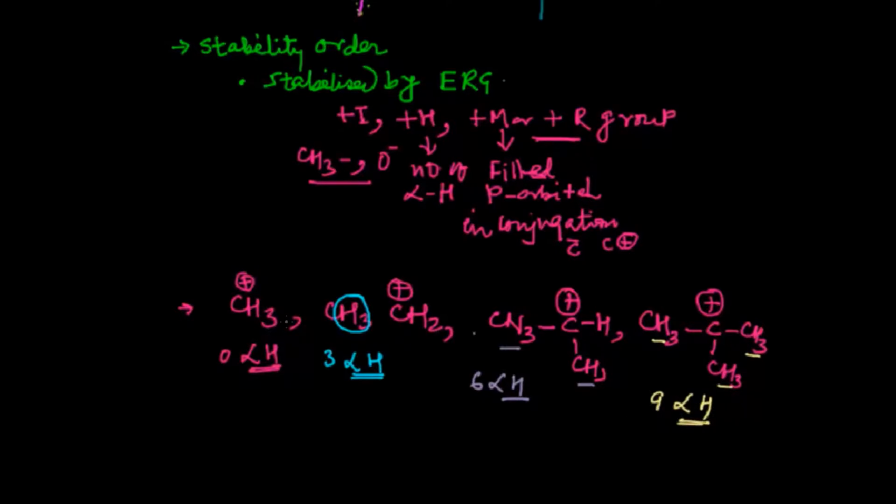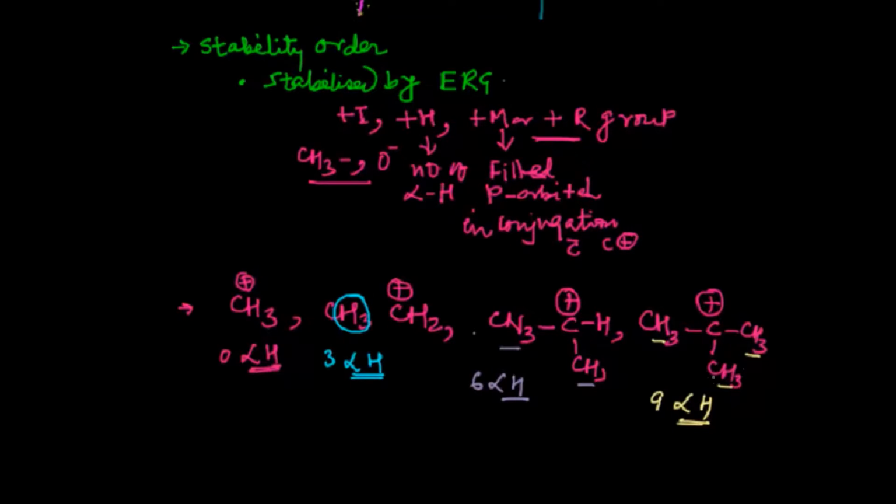On the other hand, we can also explain this using the plus I or inductive effect, because in this case one CH3 group is showing the plus I effect. In this particular case, there are 2 different methyl groups together adding to the plus inductive effect.